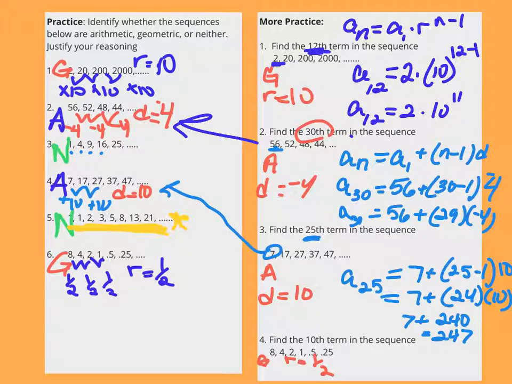So if I go back up to the top here and look at my geometric explicit formula, I'm going to say that a sub 10 is equal to the first term, which is 8, times my ratio, which is 1/2, and it's going to be to the 10 minus 1 power, which would be the 9th power. So I'm looking at 8 times 1/2 to the 9th.